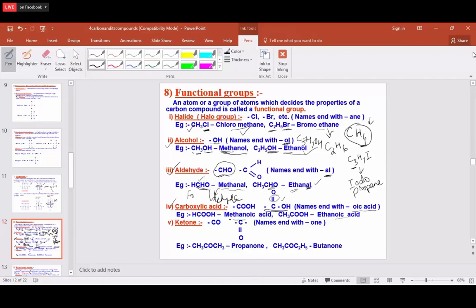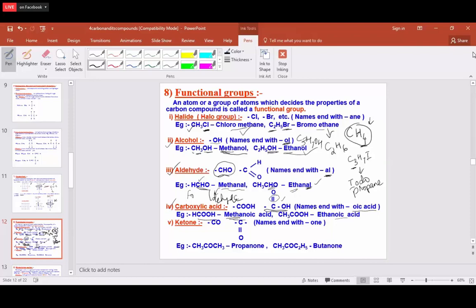So methanoic acid indicates that it should contain COOH. The acid group already contains the C, and meth indicates that only one carbon atom should be present, so we should not write one more carbon atom. We balance it with hydrogen. So HCOOH we call methanoic acid.